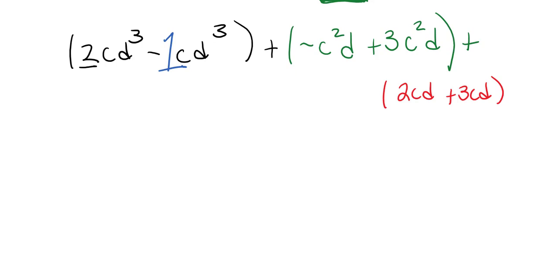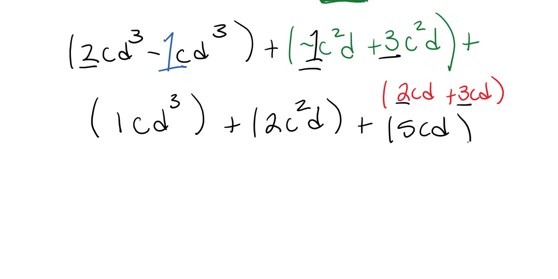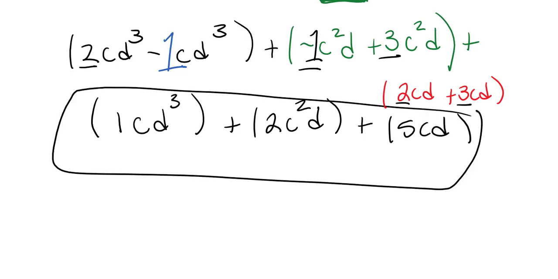So we have 2 minus 1, so that's just 1, C, D to the third, plus, then we have negative 1 C squared D, plus 3 C squared D. So then that's 2, we're just adding the numbers, negative 1 plus 3. And then plus, and then we're just adding the numbers here, so that's 5, and we just leave the variables. So this whole thing is our solution.